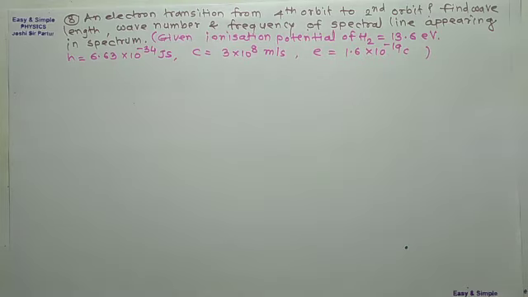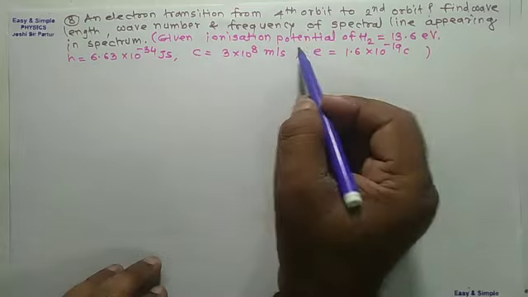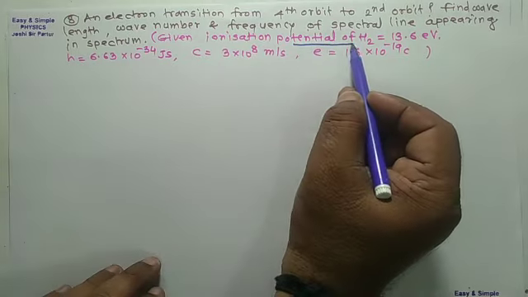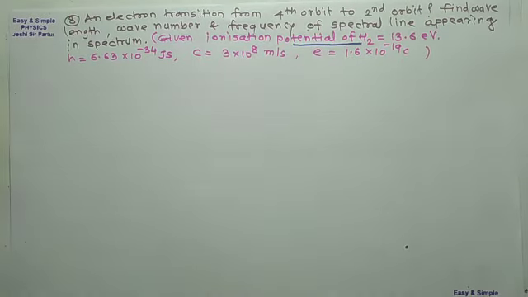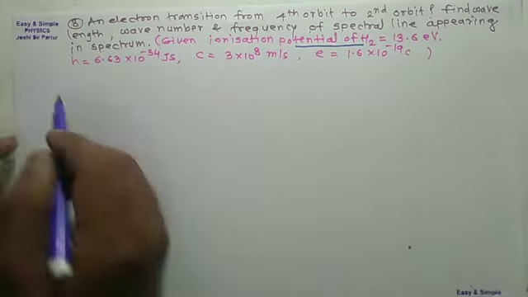Given ionization potential, here ionization potential for hydrogen is 13.6 electron volt. H is given, C is given, and charge is given. So we can write data.